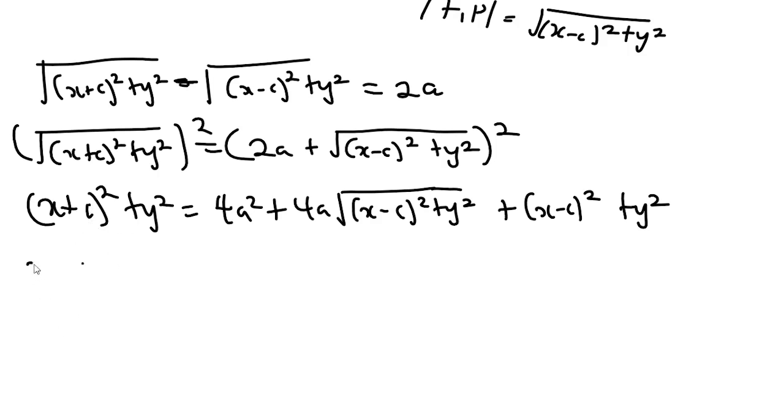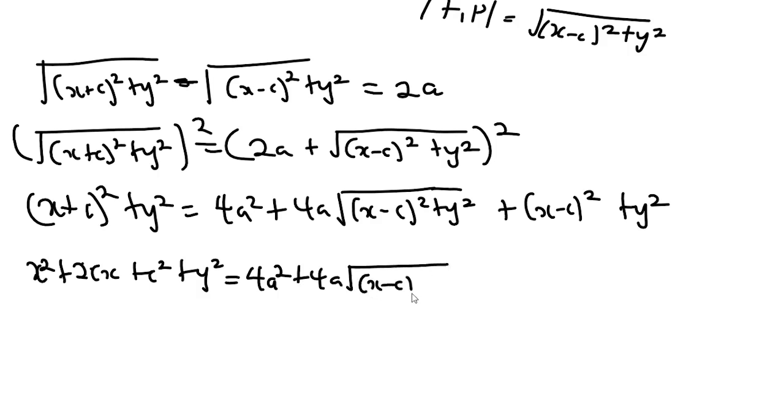So this is going to give us x squared plus 2cx plus c squared plus y squared being equal to 4e squared plus 4e root of x minus c squared plus y squared. Then plus, let's expand this to get x squared minus 2cx plus c squared plus y squared.